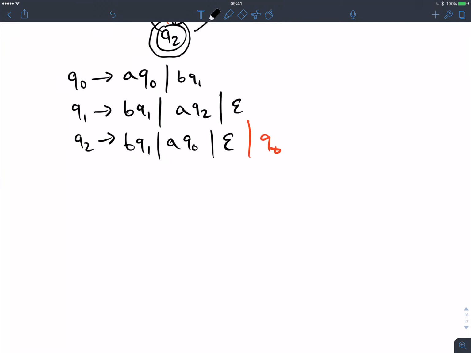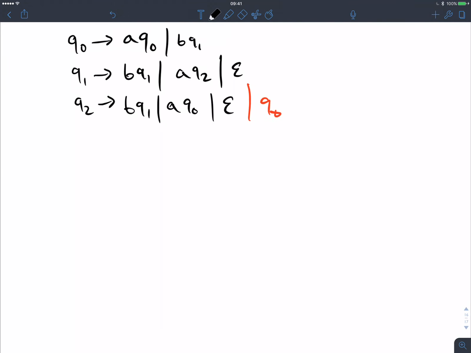Let's do it from this grammar. What are the states going to be of whatever I'm going to make? The variables, which are Q0, Q1, Q2, but what else is there? A brand new final state, because we needed that extra final state. What is the start state going to be?